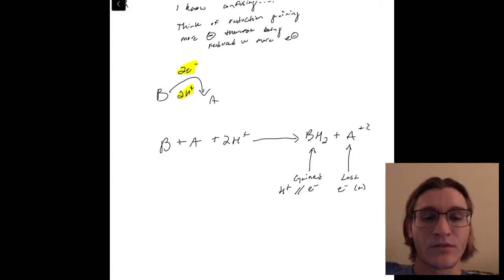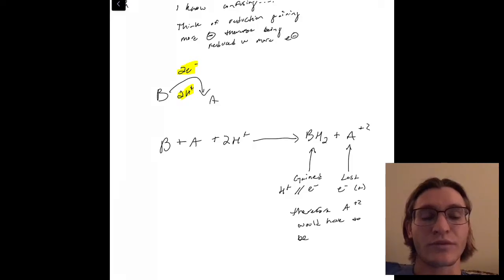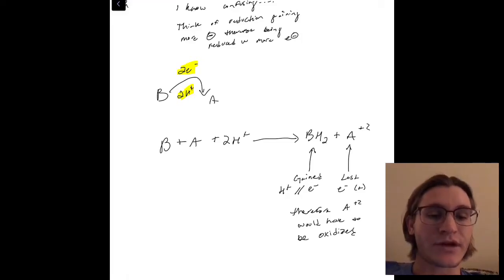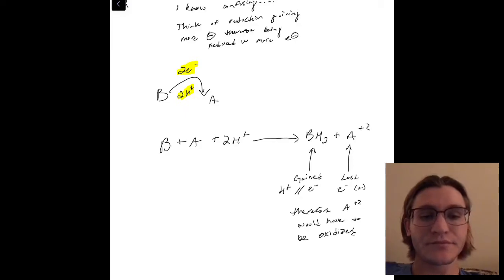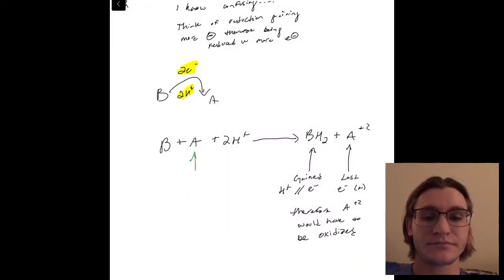So if BH2 is being reduced and A plus 2 is being oxidized, that means B would be the oxidizing agent and A would be the reducing agent. A plus 2 just got oxidized, and BH2 just got reduced. So A would be the reducing agent.